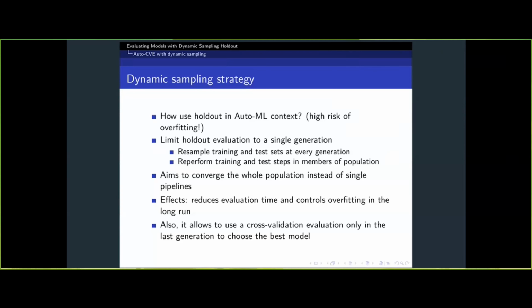And even if we lose some good pipelines because they have high variance, the population as a whole will converge. Also, in the last generation, we can perform just a single cross-validation procedure to choose the best ensemble. In this sense, we can greatly reduce the evaluation time and yet control the overfitting level in the procedure.